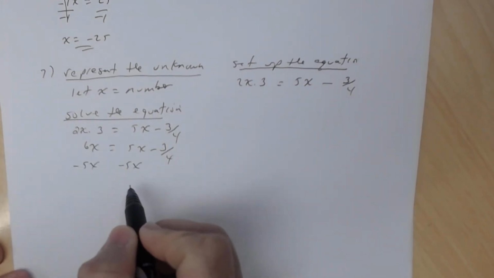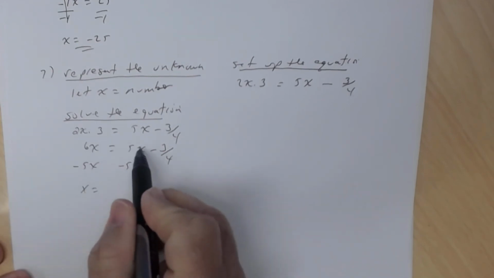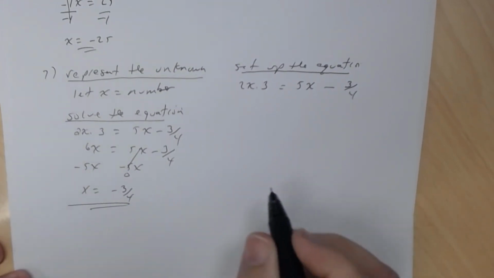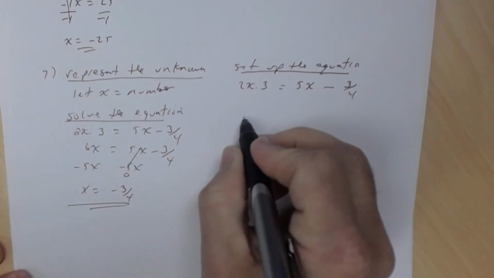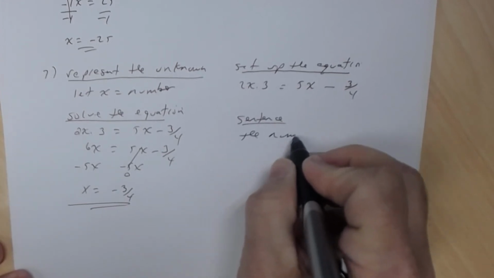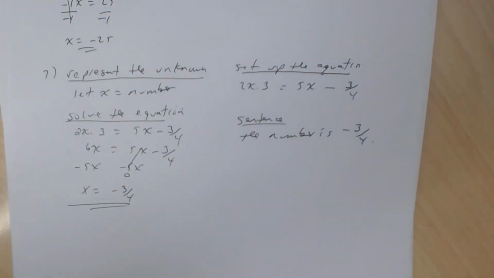I subtract 5x on both sides and combine like terms: 6x minus 5x is x, this is 0, and you're left with negative 3/4. You already have x by itself, so your number is negative 3/4. So your sentence: the number is negative 3/4.